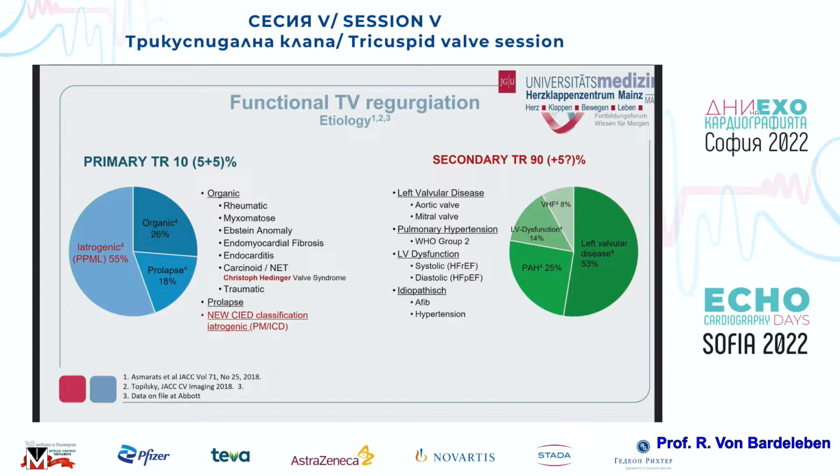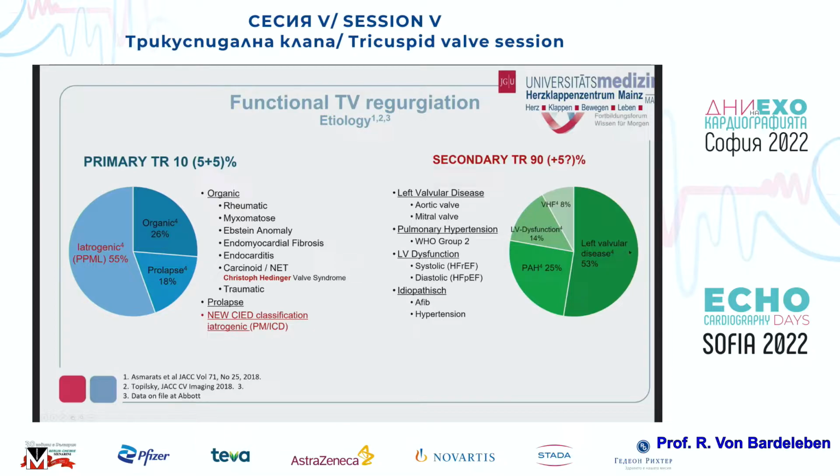If we look into functional regurgitation, the etiologies, you see a 5+5, because there is a current tendency in the Tricuspid focus group, but also in TVARC, to separate out from the primary or organic disease the new CIED, which is a cardiac implantable electronic device of any kind in the heart, mainly pacemakers and ICDs, and to put them in an independent categorization or closer to secondary TR, which means that secondary TR really makes up 90% of the disease as we touch base on these valves.